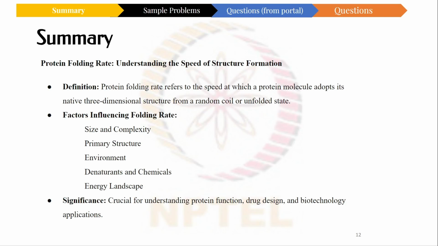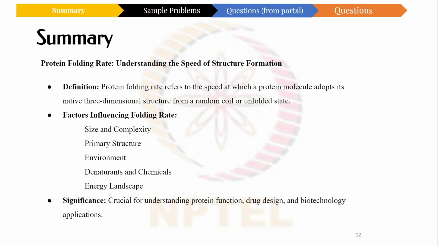These chaperone proteins can enhance the folding rate by stabilizing the intermediate structures and preventing aggregation. And next we have denaturing chemicals, which can disrupt the protein structure and slow down the process of protein folding.